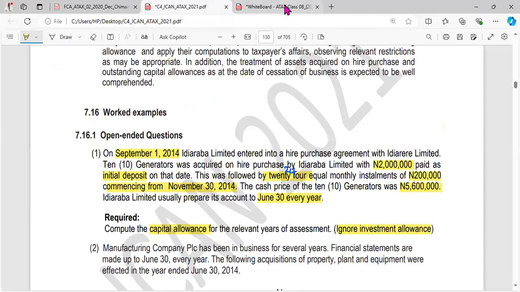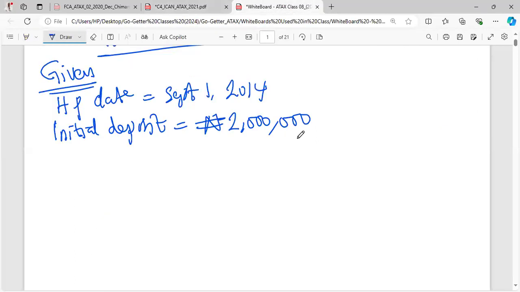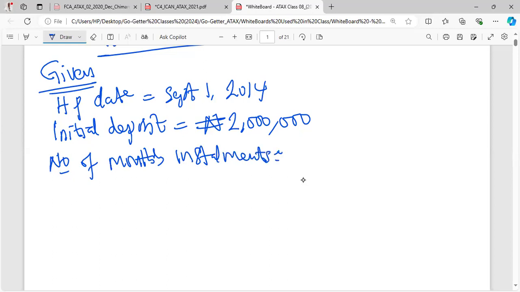Then number of monthly installments. So we are told it is 24. So it means this is 24 monthly installments.